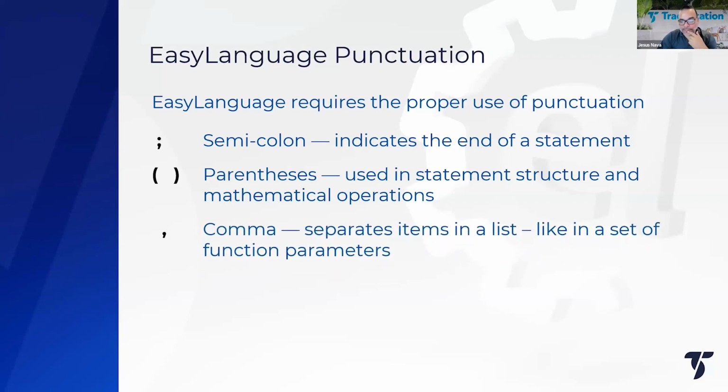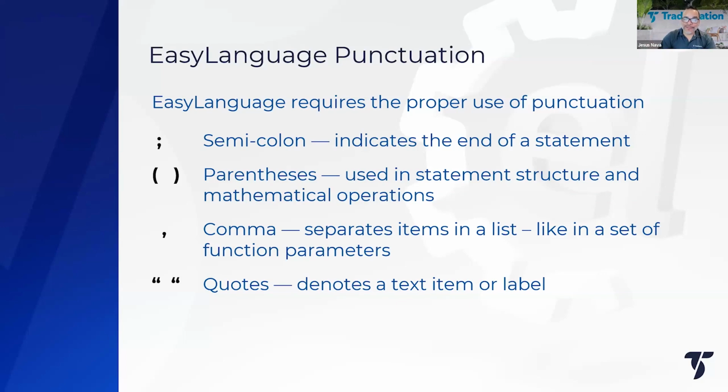We use a comma to separate items in a list, like, for example, when you are supplying parameters to a function, you separate them with commas. So you use a combination of parentheses with commas because you have the parameters separated by commas, but they are going to be enclosed inside parentheses. And we also use quotes, and a lot of times we use these to create a label. Labels inside of EasyLanguage are very useful because they clarify your code.